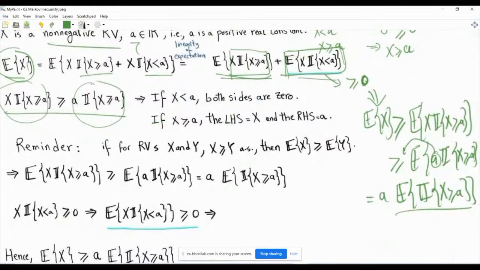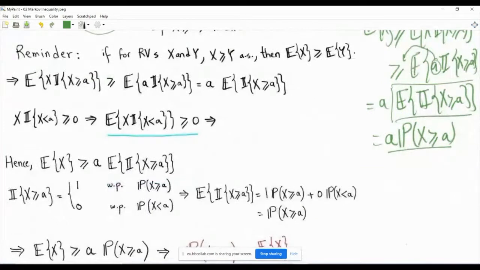So what is the expectation of an indicator? It is 0 times the probability that the indicator is 0, which is 0, plus 1 multiplied by the probability that the indicator is 1. So the expectation of an indicator gives you the probability of this event, which is the probability that x is greater than or equal to a.